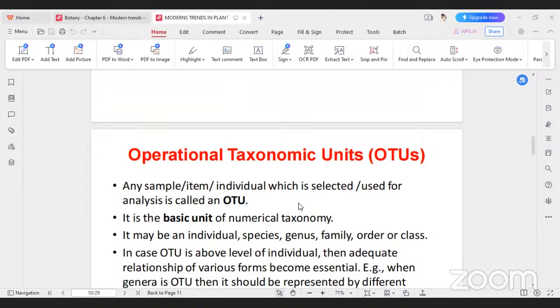That is simple. Any sample, item, or individual which is selected and used for analysis is called an OTU. That's the first taxonomic aid. Any plant sample, any item that is going to be classified, is an OTU. It is the basic unit of numerical taxonomy, because based on this we can classify the plants.